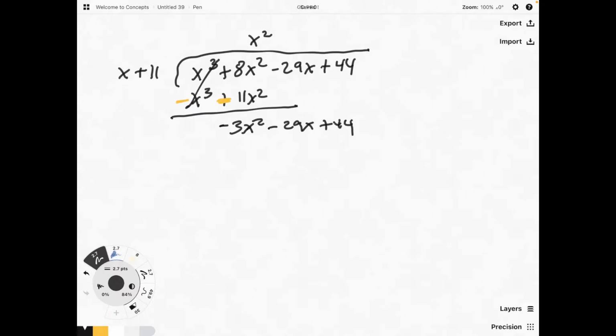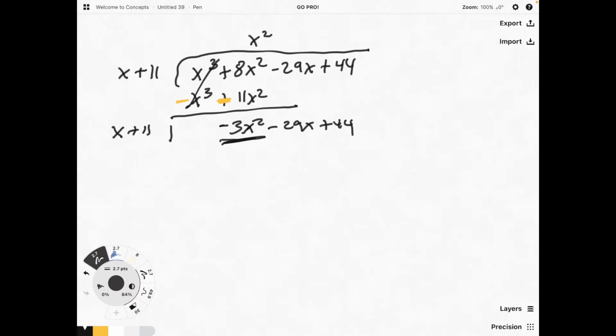That's what's left over. Okay, now what we want to do is find out how many times does x plus 11 go into negative 3x squared minus 29x plus 44. Again, we're only focusing right now on this portion right here. And so how many times can x go into negative 3x squared?